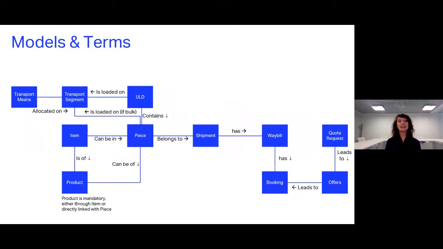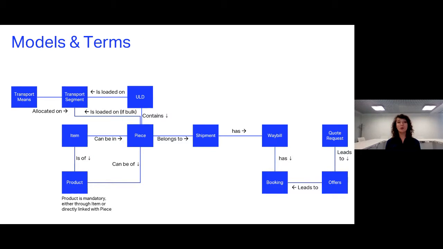Okay, so as I was saying, the first step is the definition of the models and terms. Last week we went through this diagram. My colleagues explained very well what all these terms mean and how we managed to create them as digital twins of real cargo models. I'm not going to go through the details of them, but this is what we call the conceptual data model.